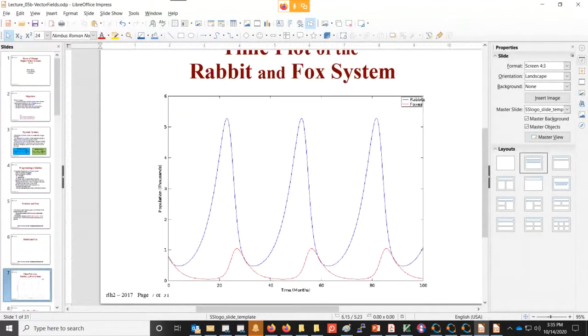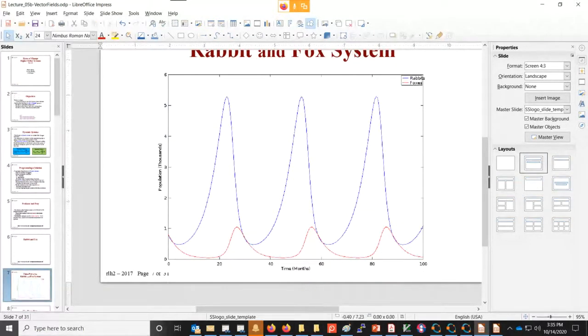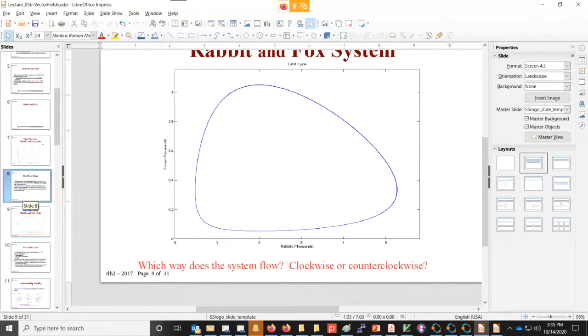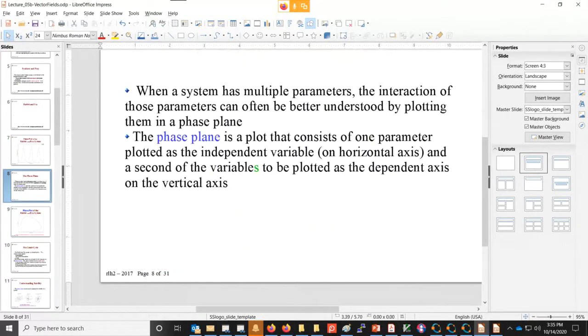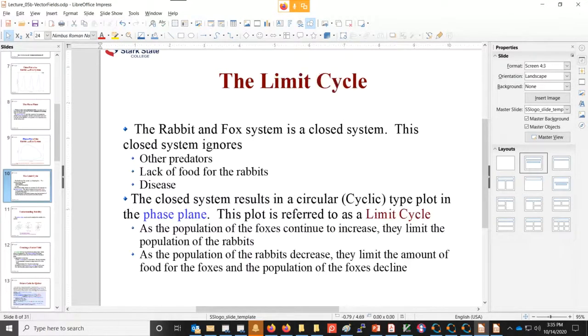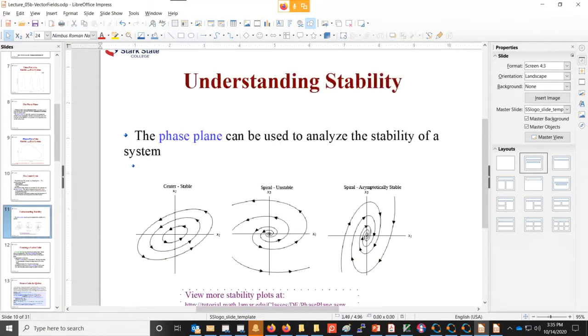So if we look at this system, here's our plot versus time. And this is referred to as a phase plot or phase plane. We're plotting one variable versus another, in this case rabbits versus foxes, and so we get this limit cycle.